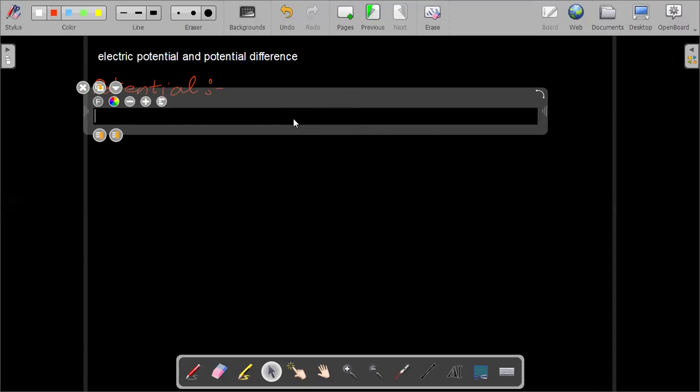Okay. So see, first we try to define what is potential energy. Potential energy is the energy possessed by a body due to its position, shape or configuration.